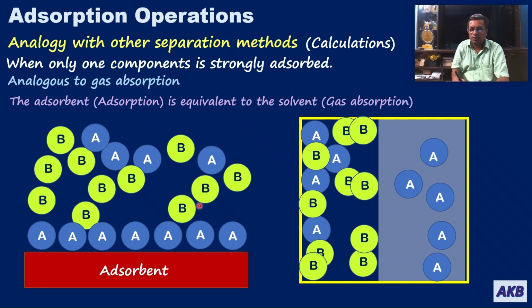So you can see an analogy between adsorption and gas absorption. In adsorption, A is preferentially concentrated on the surface of the adsorbent, and in gas absorption, A is preferentially dissolved in the solvent phase.